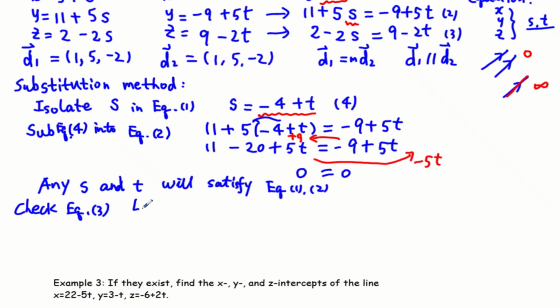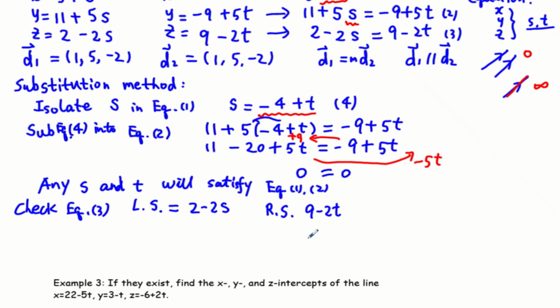So left side, L.S. means left side. So 2 minus 2s. Right side, 9 minus 2t.